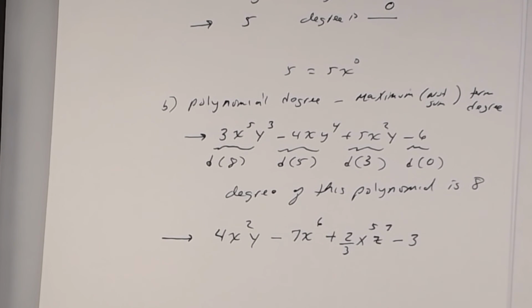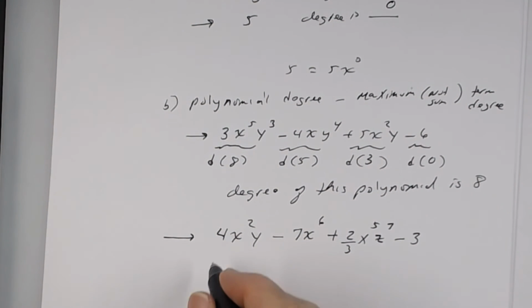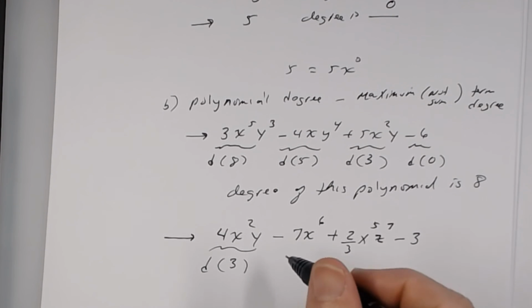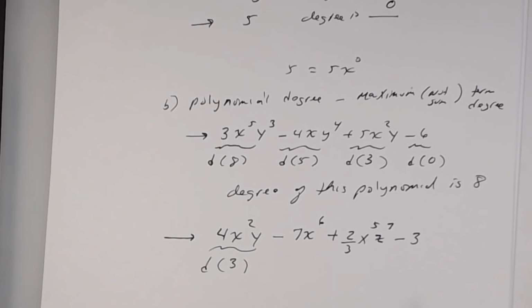This polynomial has how many terms? 4. 4 again. What is the degree of this one? 3. Well, let me ask you this. What do you think the answer is? What's the degree of this polynomial? 12. Degree is 12.